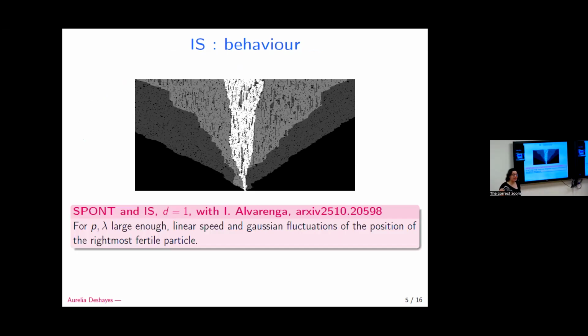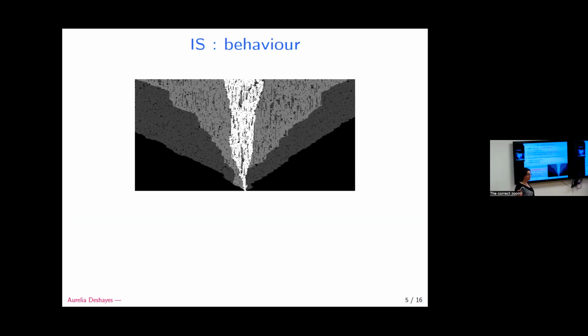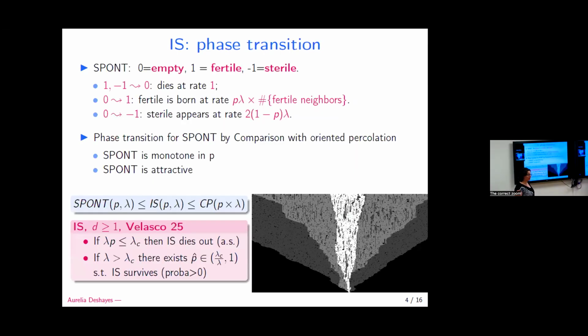So that is our result. I have a question from the last. Is there a good estimate of this P, or is it just P super close to 1, whatever is needed? P really close to 1 for the oriented percolation comparison. Maybe we can find an estimation, but on her result it will be a bad one.